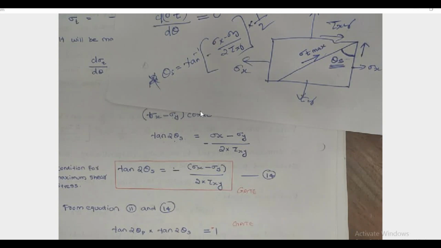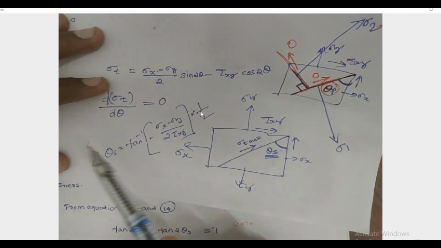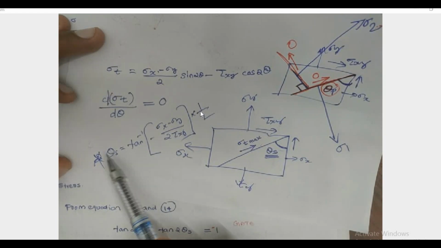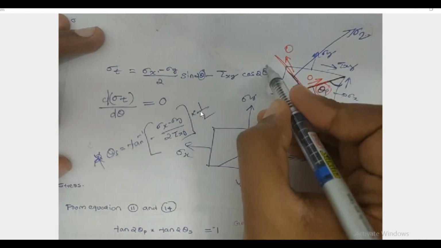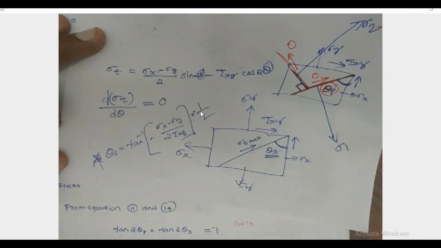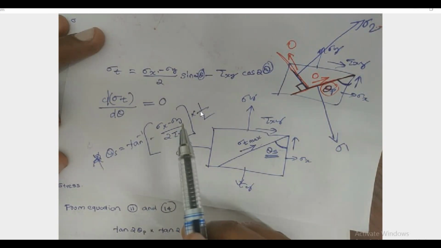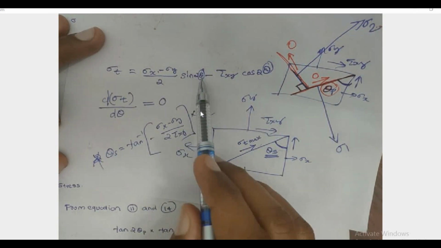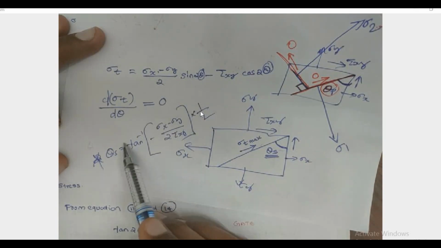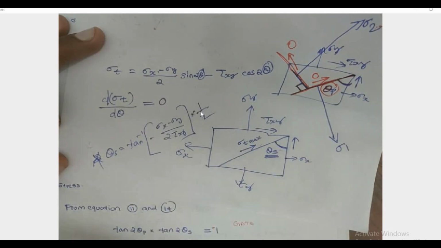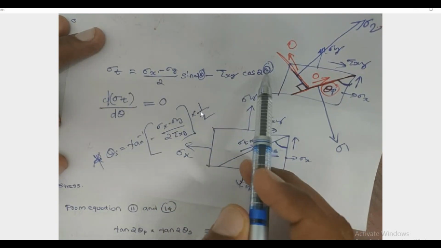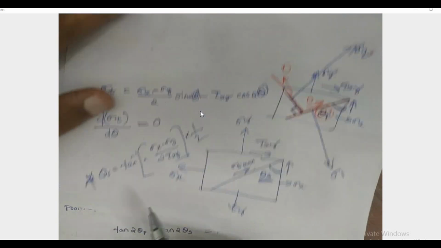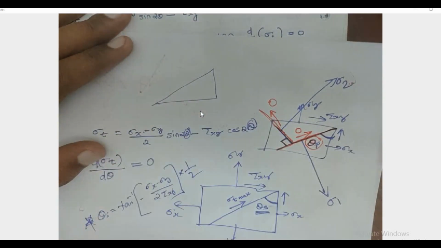Then what we do? Just substitute this theta s value in this equation, replacing theta with theta s. But when we do that, the equation may become complicated. So instead of replacing theta, we replace sin 2 theta and cos 2 theta. For that, again we use the right triangle method.